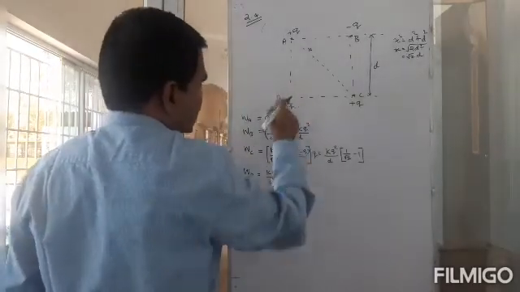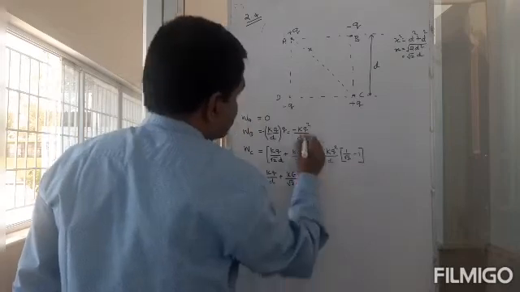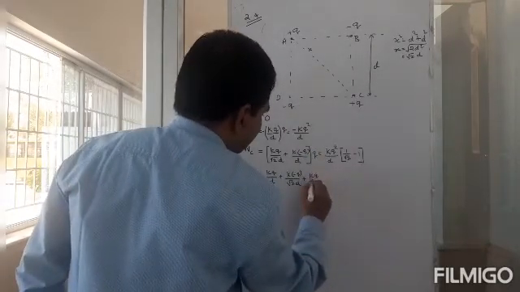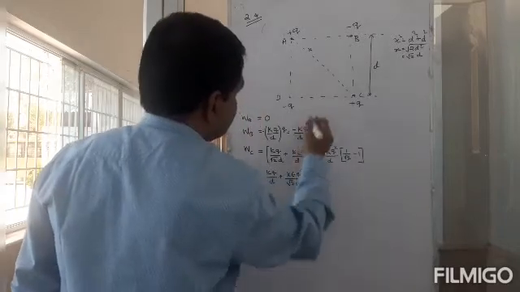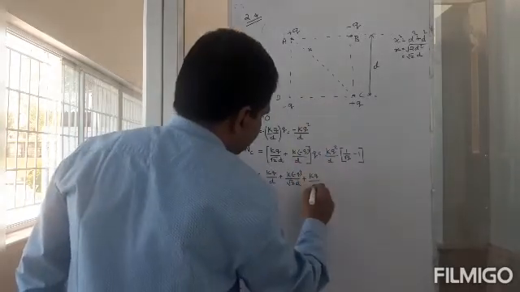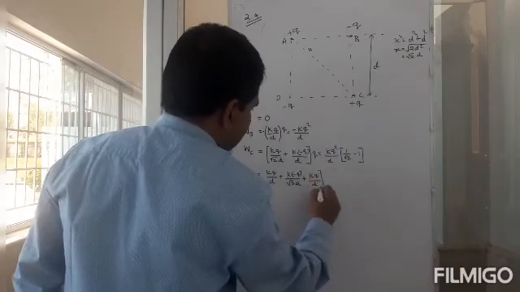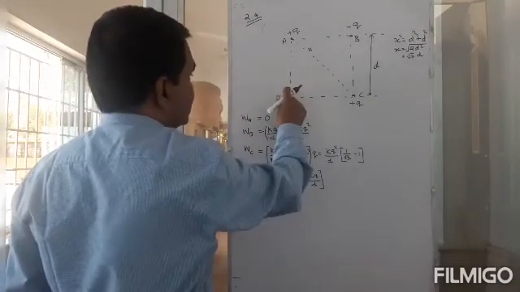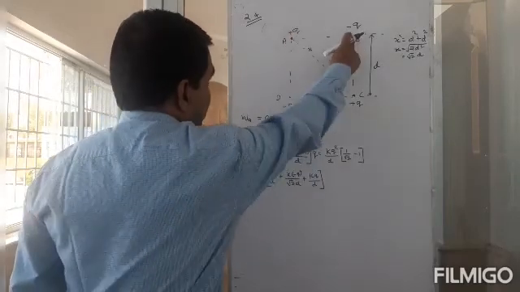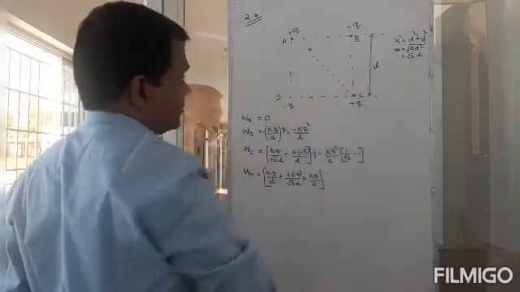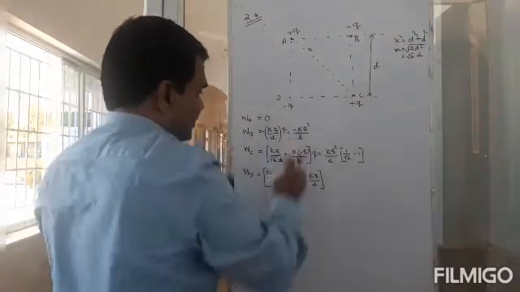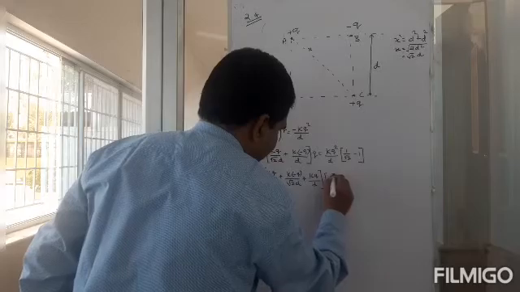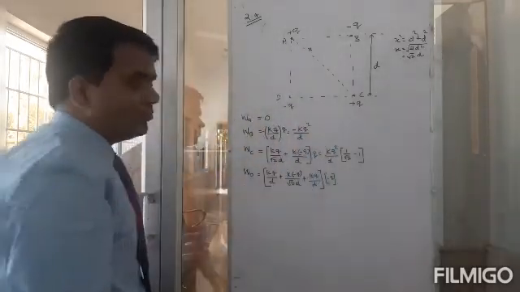And what is the potential due to this one? That would be plus kq by d. So that is the sum of these voltages: potential due to this charge, potential due to that charge, potential due to this charge. So that's the total potential, and that potential into minus q. That's the charge.